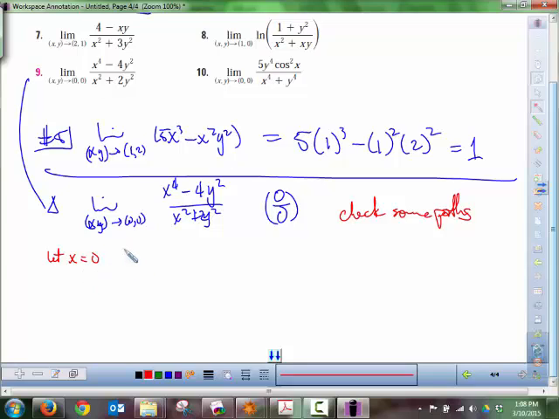So we will adjust our limit and change all the x's into zeros. So if x goes to 0, then the only variable that we have left is y. So we essentially trim this down from a limit of 2 variables to a limit with only 1 variable because x is equal to 0. So when x is equal to 0, I'll put 0 in for wherever you see an x.